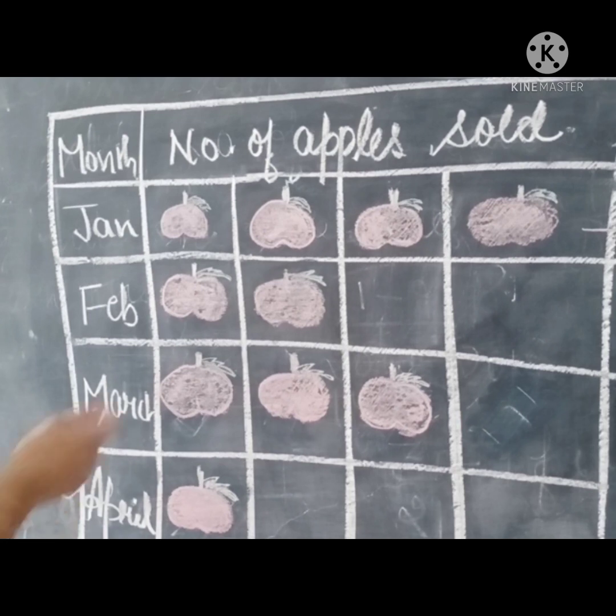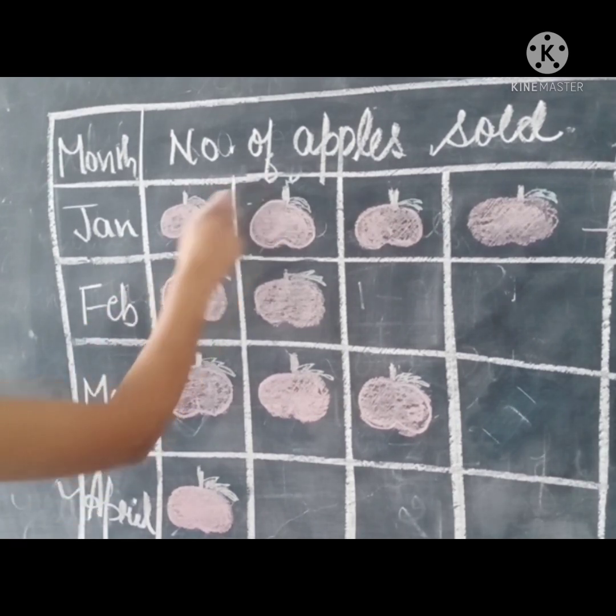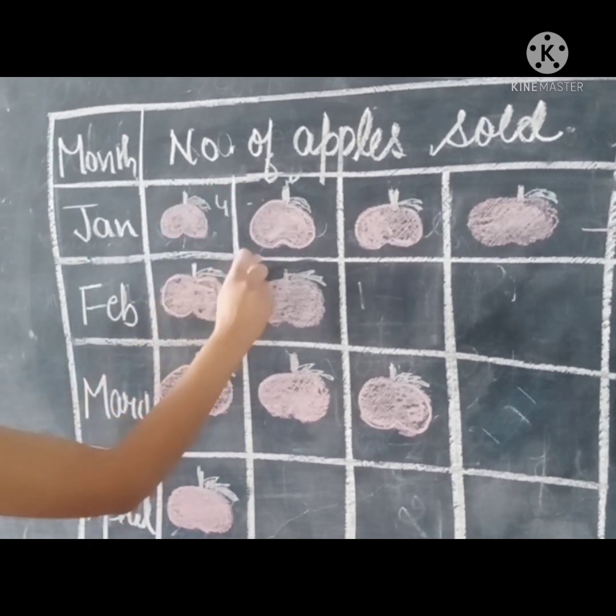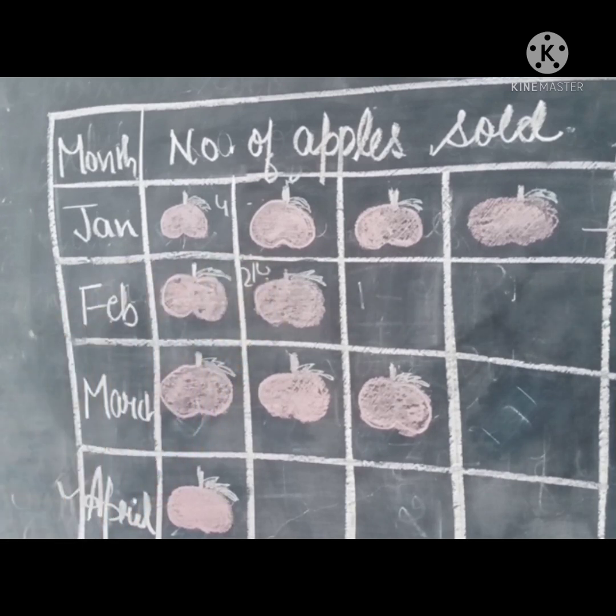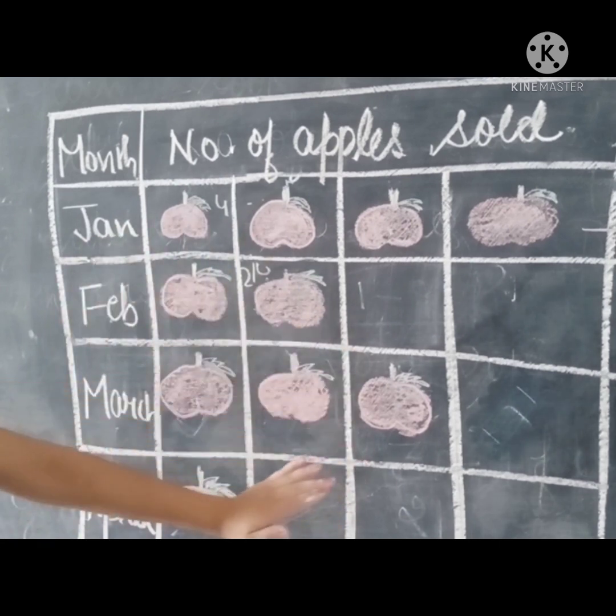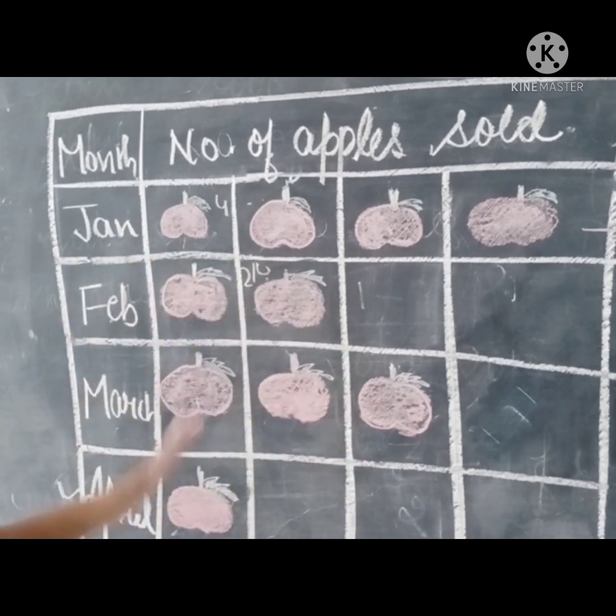If I simply write that 4 kg of apples is sold in January, 2 kg in February, 3 kg in March, that is not a pictograph because there is no picture in our data. But when the information that is given to us contains pictures, that is called pictograph.